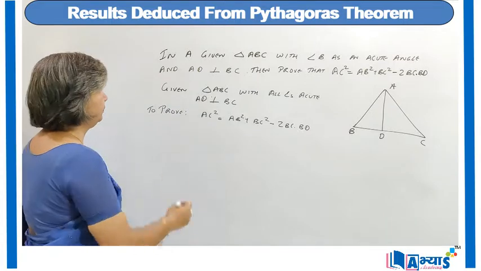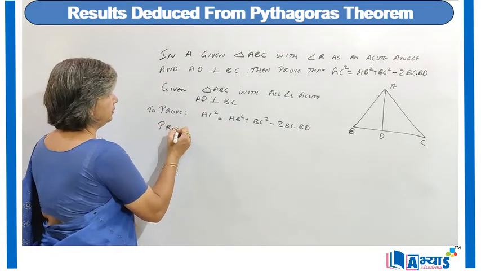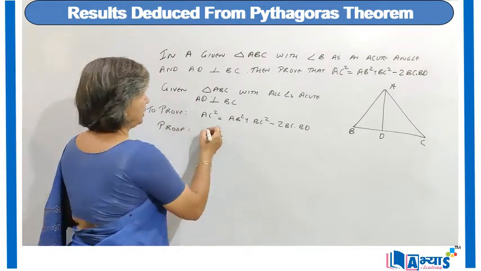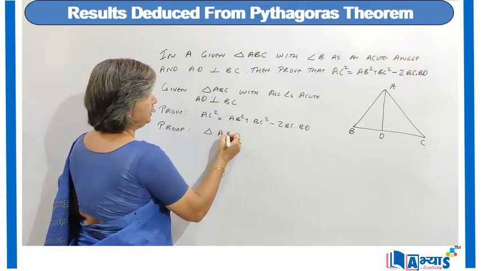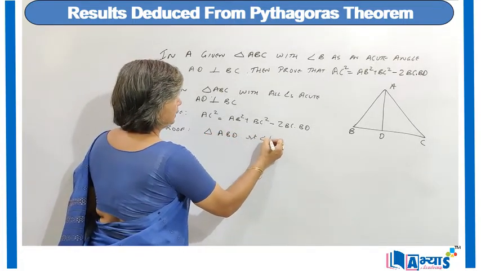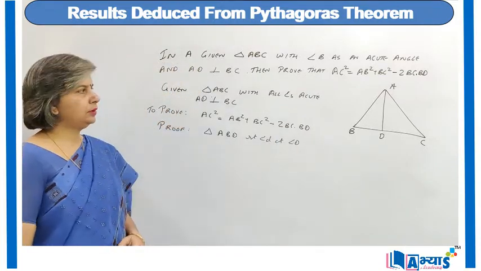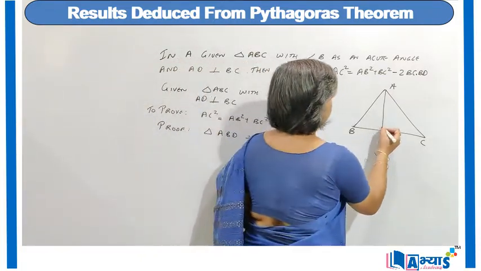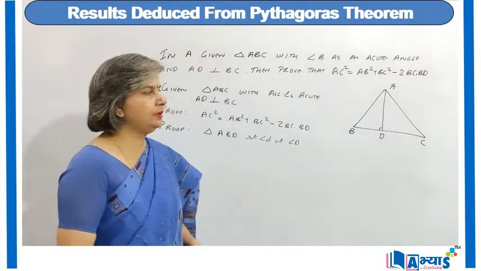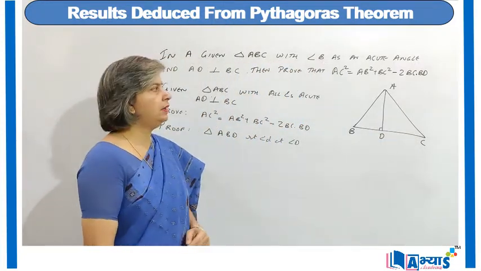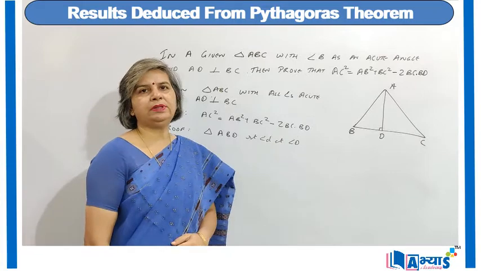So for the proof, let us first take triangle ABD, right angled at D. As angle D is 90 degrees, because we know that AD is perpendicular to BC, AB will be the hypotenuse.